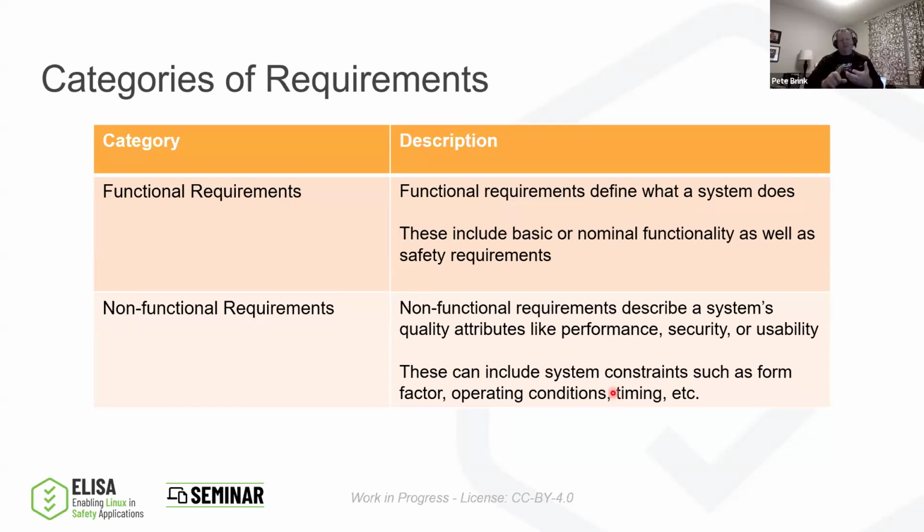It can be a performance constraint, it can be a security constraint, it can be a usability constraint, it can be, like we talked about, a physical or thermal constraint for the system that we're developing as well. There may be other things. So for instance, if there is a requirement to use a particular operating system, if there's a requirement to use a particular vendor, some of those things may get included here as well.